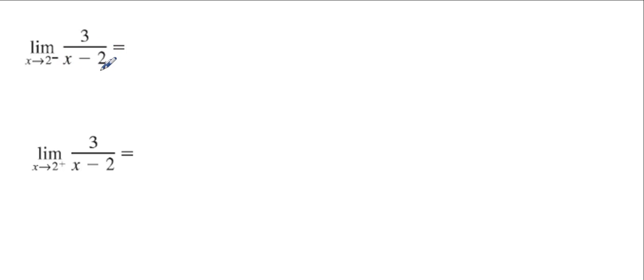Small, positive or negative? Negative. So we get negative 0.000001, right? What's 3 divided by a negative really small number? Negative infinity. So that's a descriptor of what's happening as we approach 2 from the left: we go off to negative infinity.